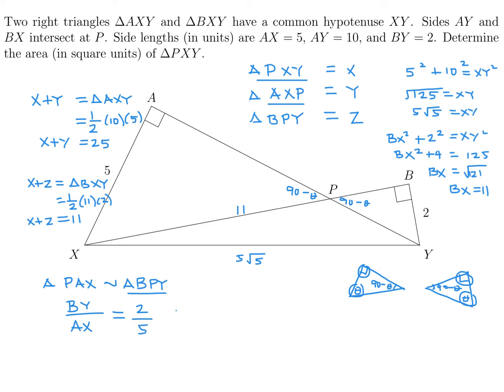Okay, but this is a linear relationship. What we want is a relationship for the areas. And the good news is, all you have to do is just square them. So you just have to square 2 over 5 to get the area relationship. And the areas we have a relationship for.